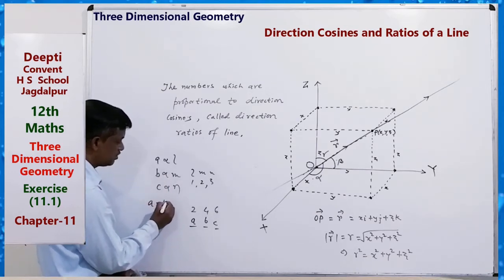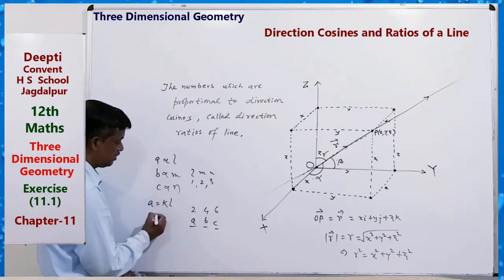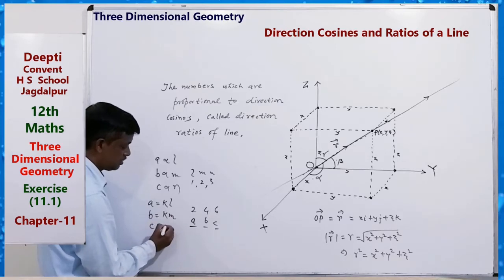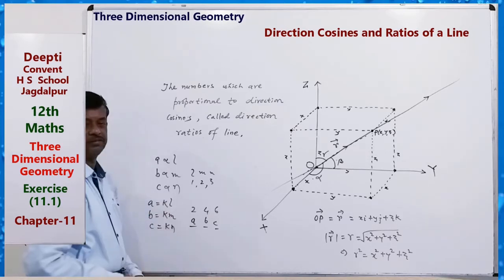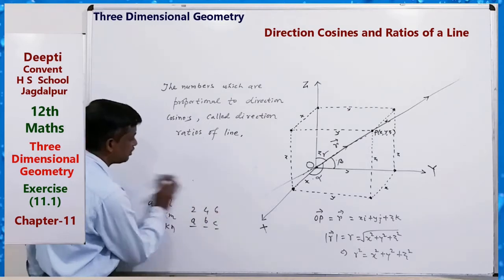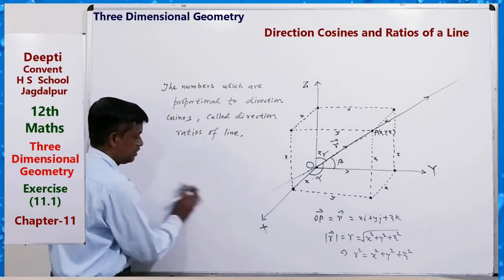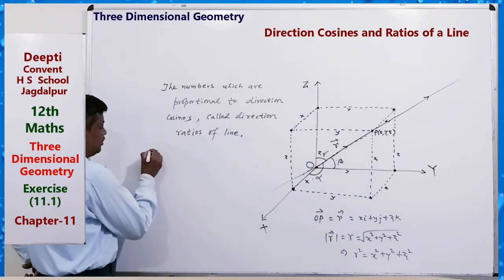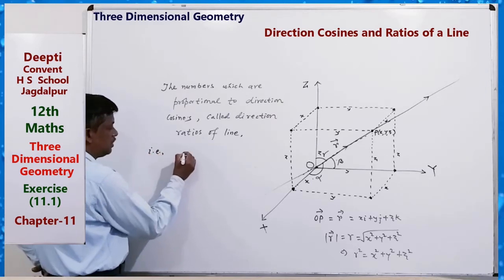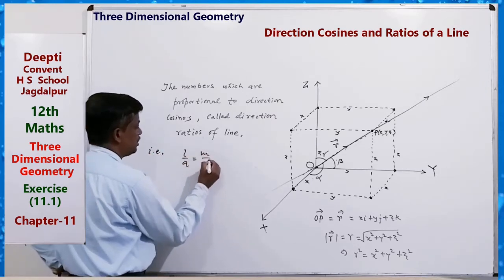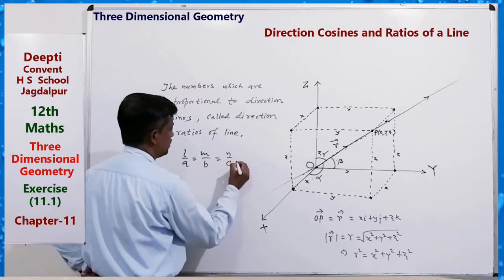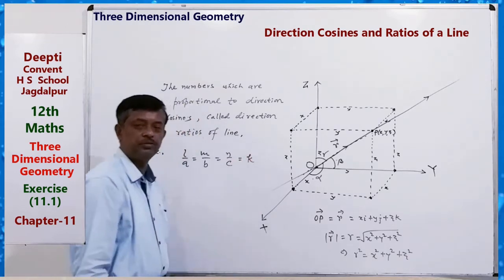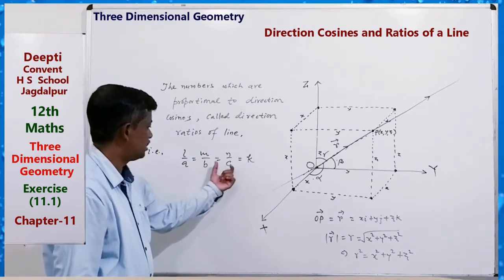A is some constant times L, B is some constant times M, C is some constant times N. That is, L by A equals M by B equals N by C, since the proportion ratio will be the same.